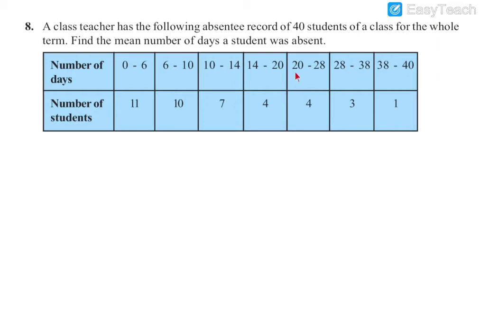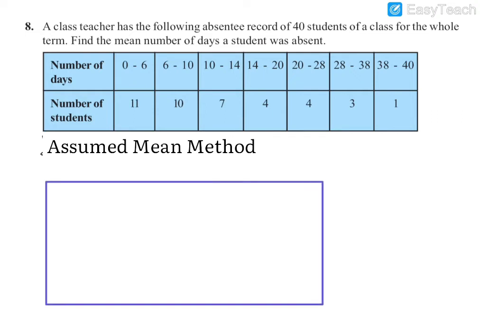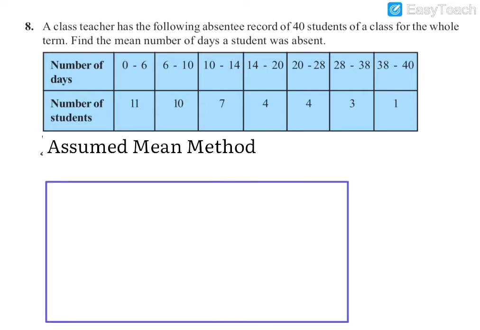If we find the class mark, it will be a 2-digit number, and the frequencies are mostly 1-digit numbers. So we can reduce the size of the class marks by opting for the assumed mean method and make our calculations easier. So draw a table with 5 columns.